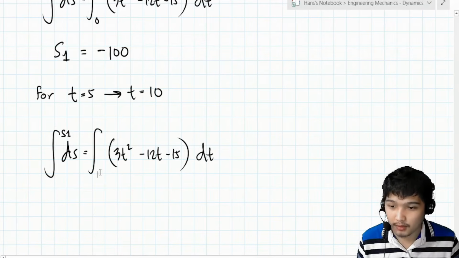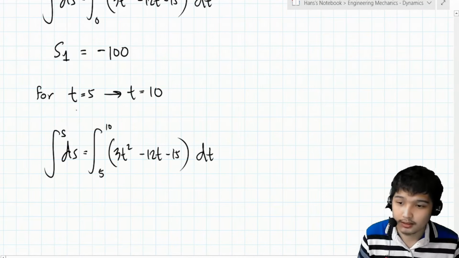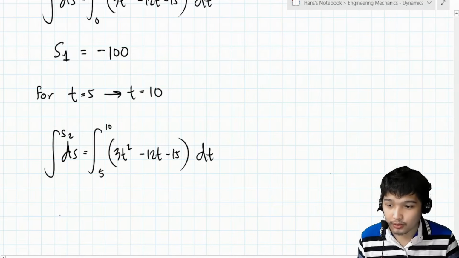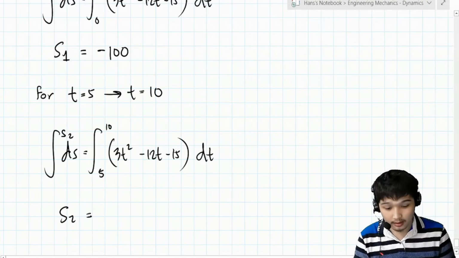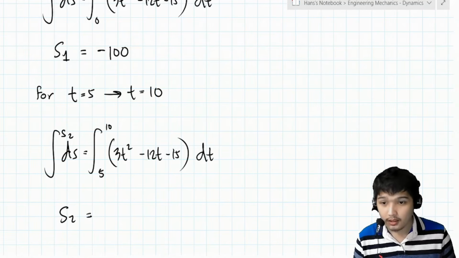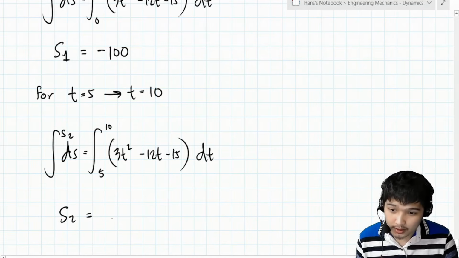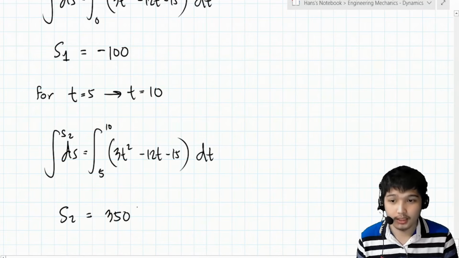Okay, so this one is magiging from 5 to 10 na. And then tawagin natin tong distance na to as S2. So ilan yung S2, guys? Nung time na siya is positive velocity naman. Okay, so in that case, this one is 350.